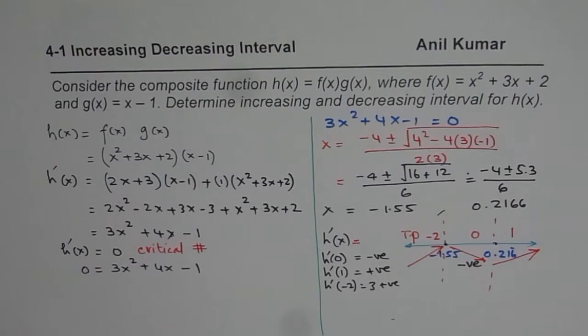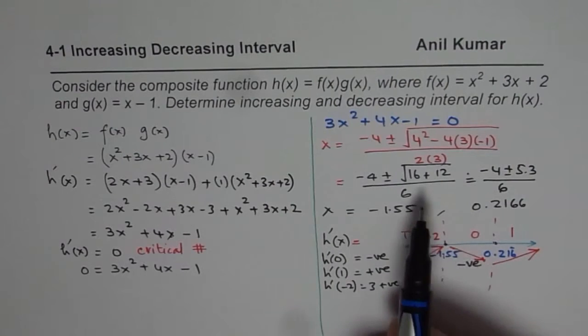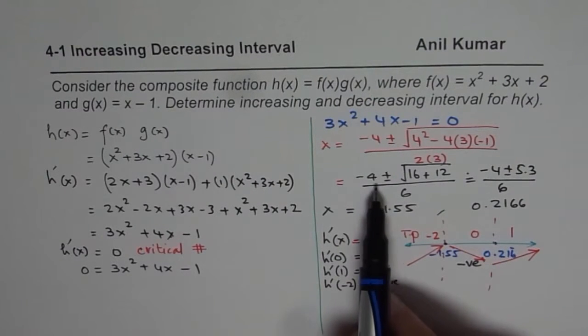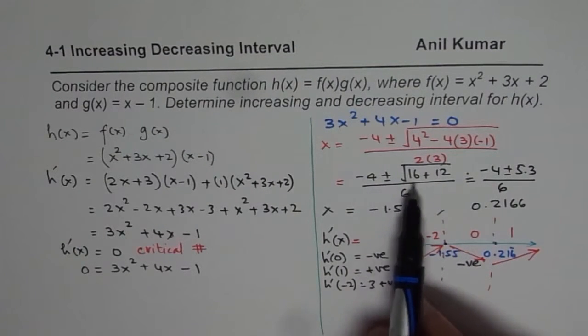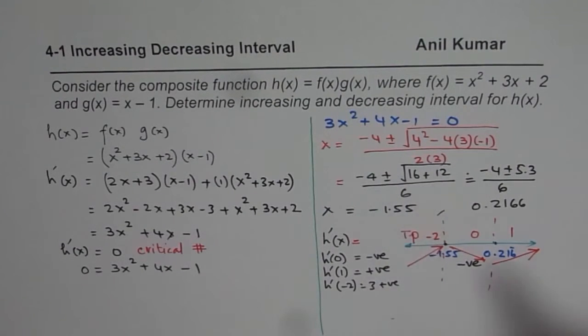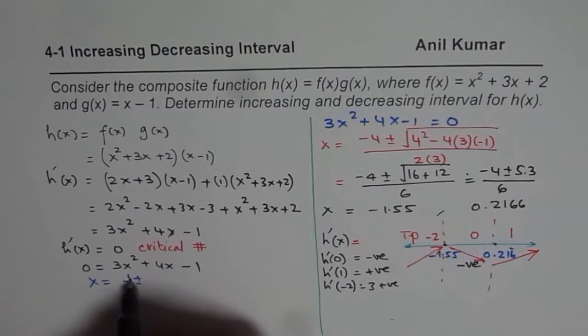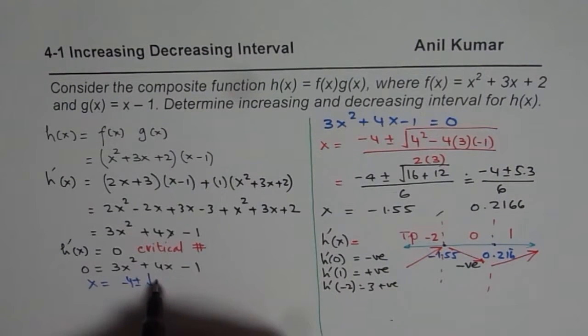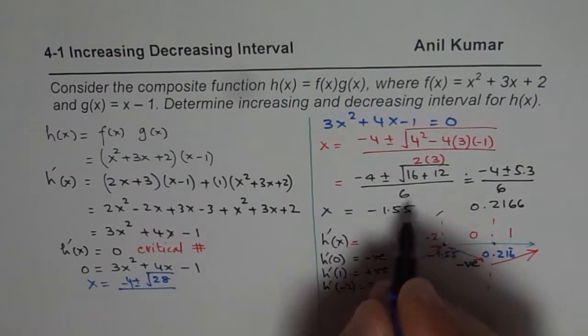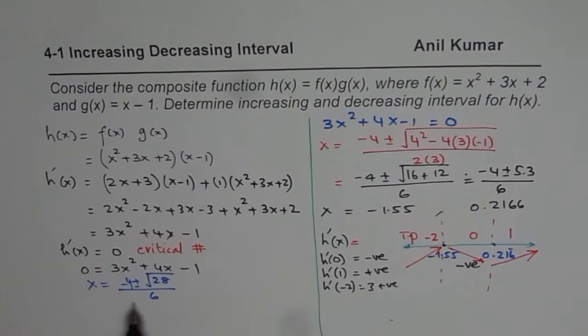So what we notice here is that during the interval from these 2 points, the exact values you could write as minus 4 plus minus square root of 28 divided by 6, which we could actually simplify better. So let me write down here x equals minus 4 plus or minus square root of 28 divided by 6, right?